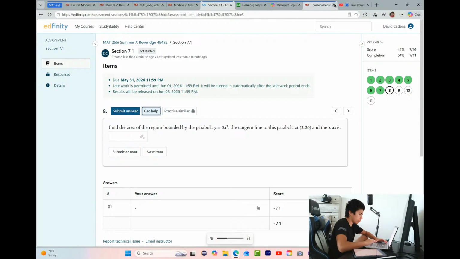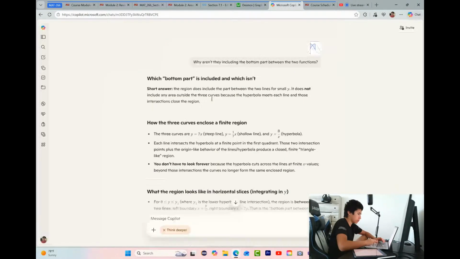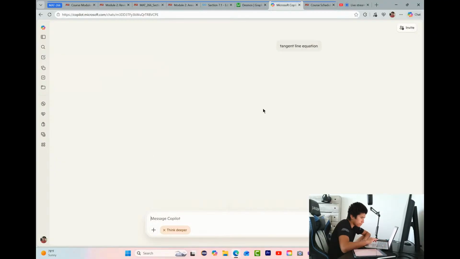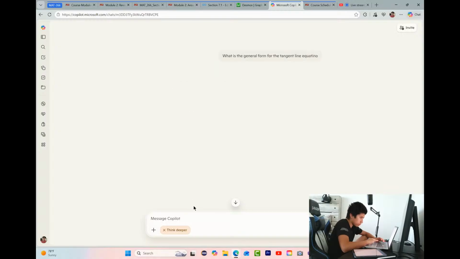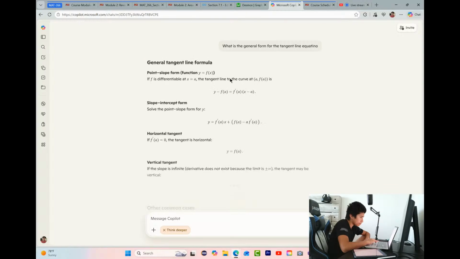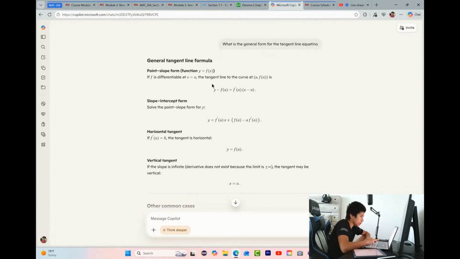What was the tangent line equation? General form. Yeah, point-slope form.